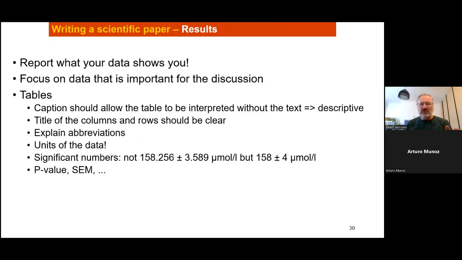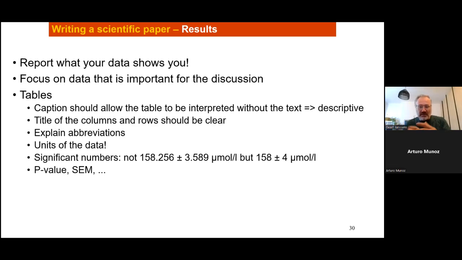So report what the data shows you, not more, not less. Focus on data that is important for the discussion. Sometimes you have plenty of data, and it is allowed to guide the reader towards the interpretation that you want to give.